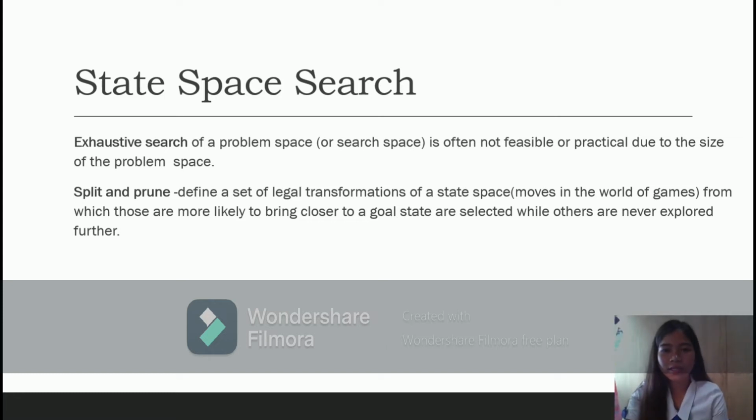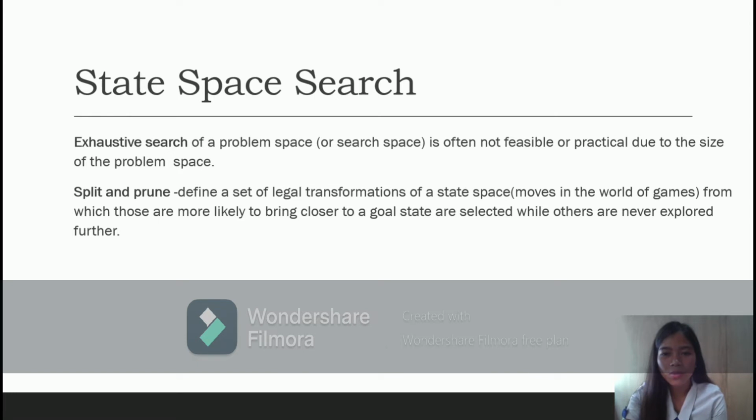State space search. Exhaustive search of a problem space or search space is often not feasible or practical due to the size of the problem space. In some instances, it is, however, necessary.